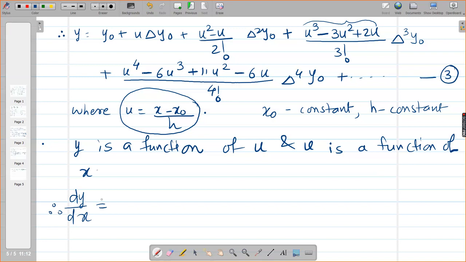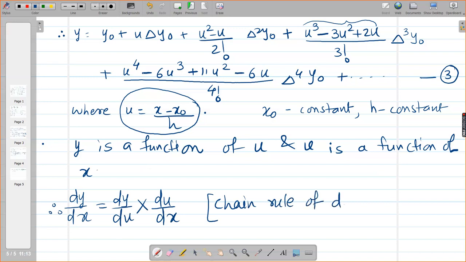Exactly. So you have to derive y with respect to u, so that will become dy upon du, and into that you have to derive u with respect to x. So what is this rule called? Chain rule of derivatives, right? Yes or no?